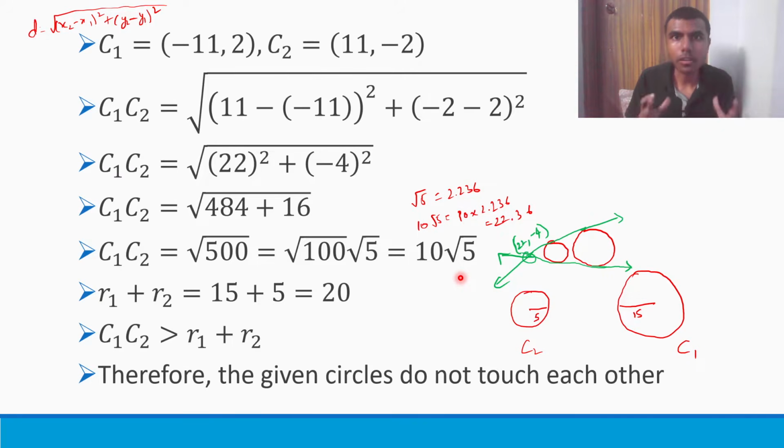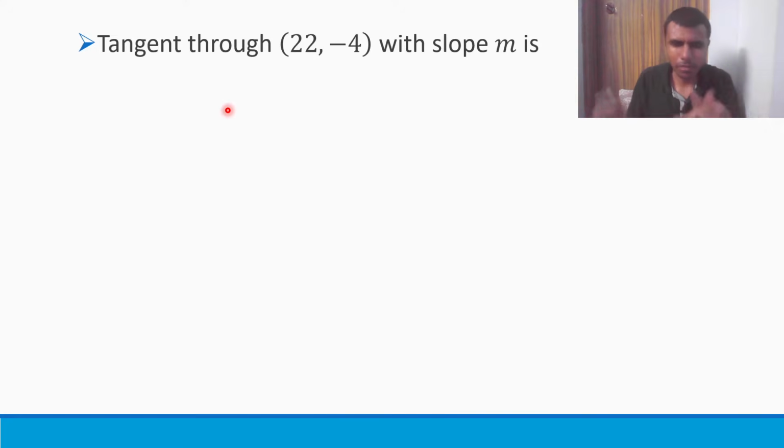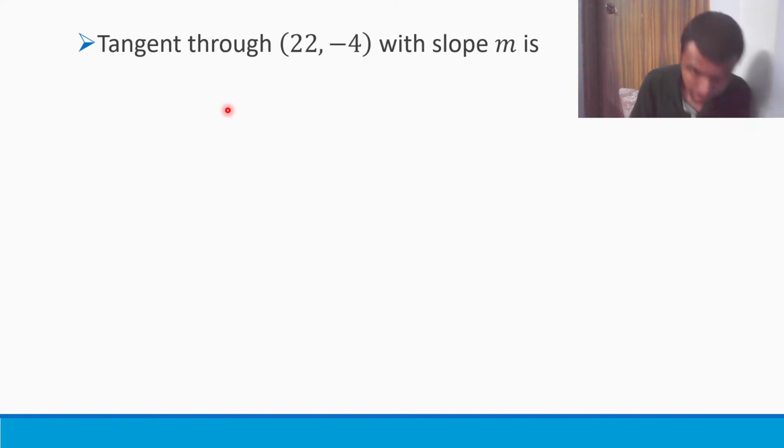Now how to find the equation of the direct common tangents? Before that, the equation of a tangent to a circle through a point is given by this formula. Okay, instead of that formula, we'll use something different. I'm sorry for that.